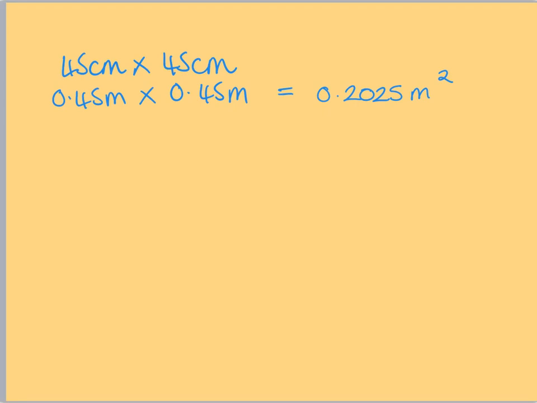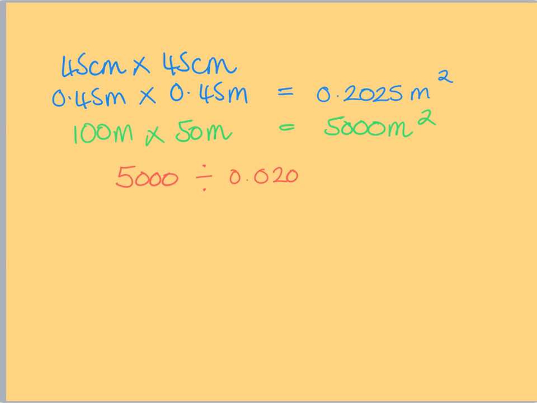Now the question also told you that the field was 100 metres by 50 metres. So if we multiply 50 by 100, we get 5,000 metres squared. I then want to know how many quadrats fit in the field. So I take the size of the field and I divide it by the size of the quadrat.